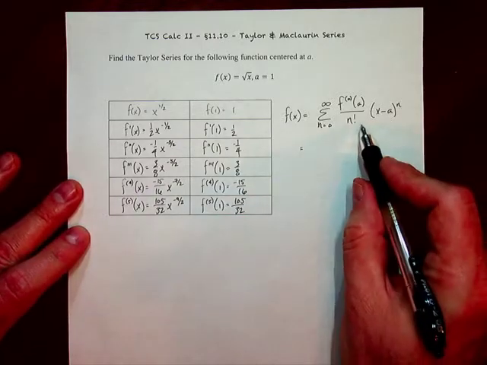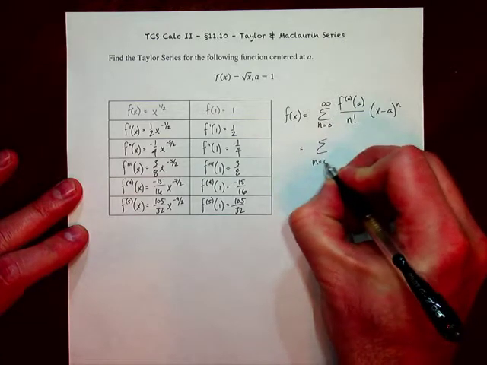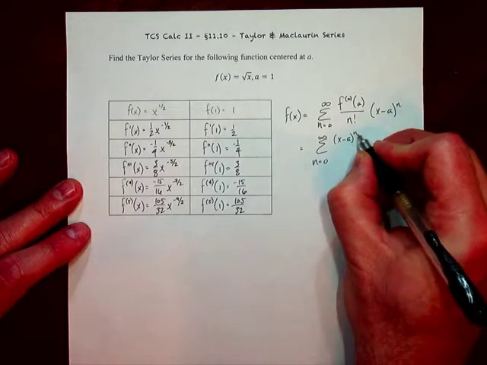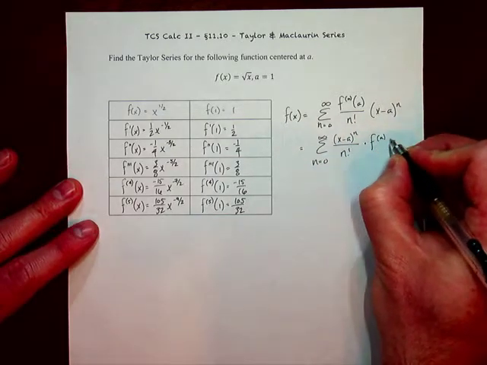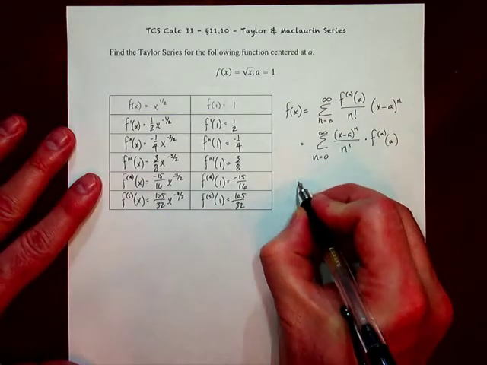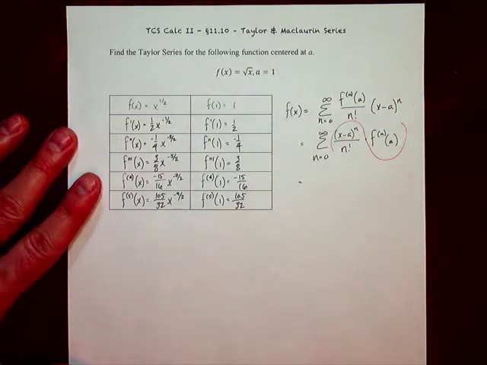I guess you could do it as n equal to 0 to infinity of x minus a to the n over n factorial times that nth derivative at a, but let's do it the other way around. Let's put the derivative first.